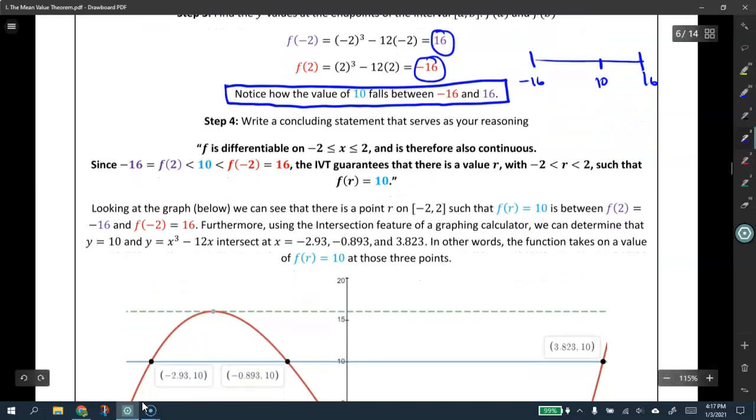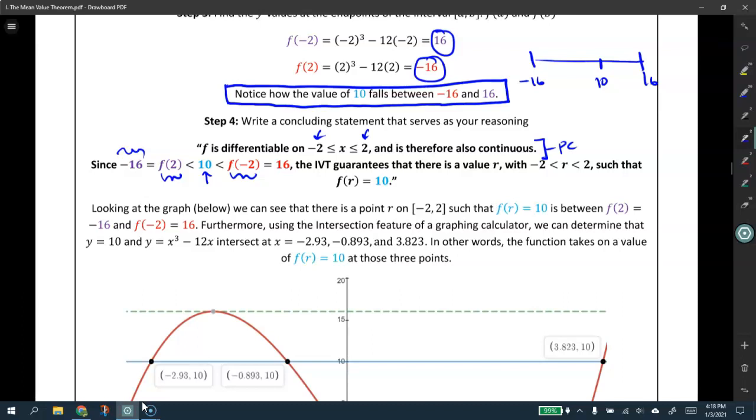Here goes again. First thing that I do is I state the precondition. All right, I say f is differentiable on the interval -2 to 2, and therefore it's also continuous. Precondition met. Okay, now, because they were interested in the number 10, and I want to say that the number 10 does fall within the y values of -16 and +16, I write that in, and then I show them that the y value at 2 is -16, and the y value at -2 is equal to +16, right?